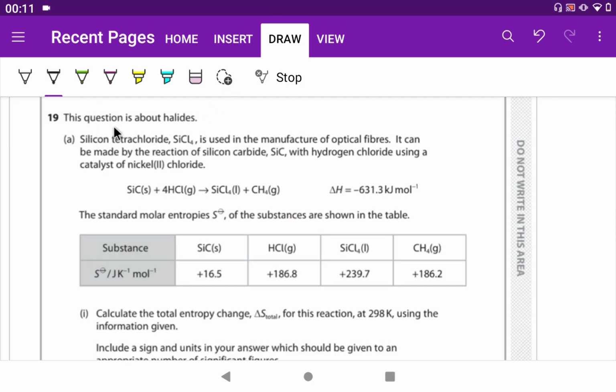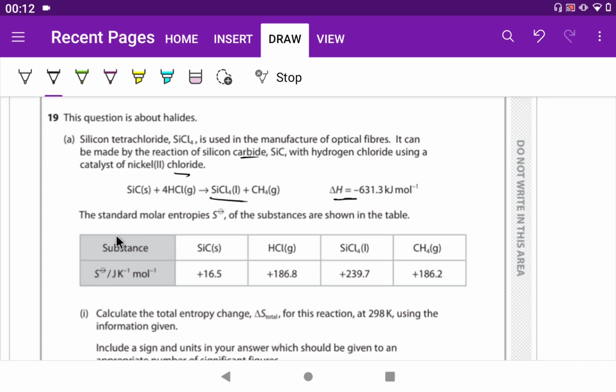Question 19. This question is about halides. Silicon tetrachloride, SiCl4, is used to manufacture optical fibers. It can be made by the reaction of silicon carbide, SiC, with hydrogen chloride using a crystal of nickel(II) chloride, to form this.